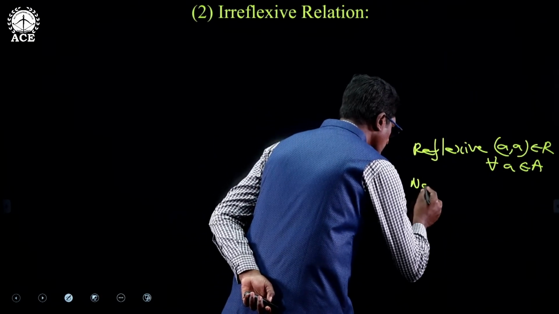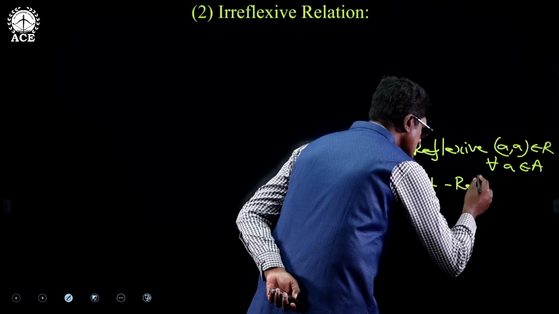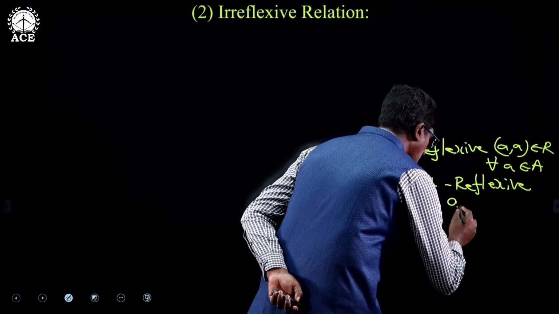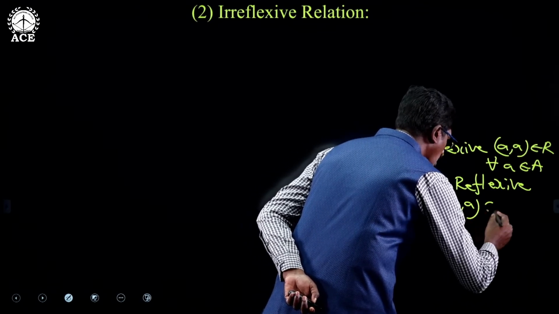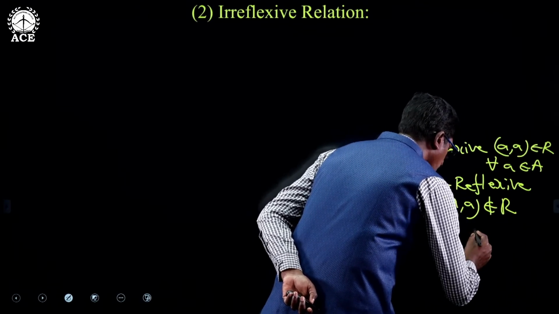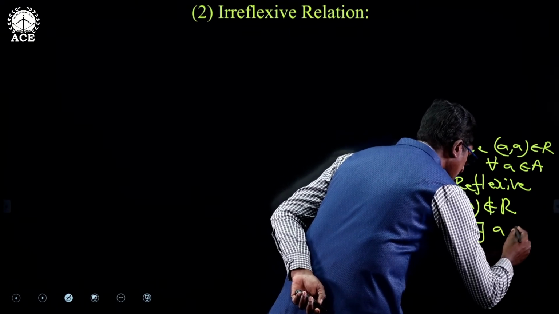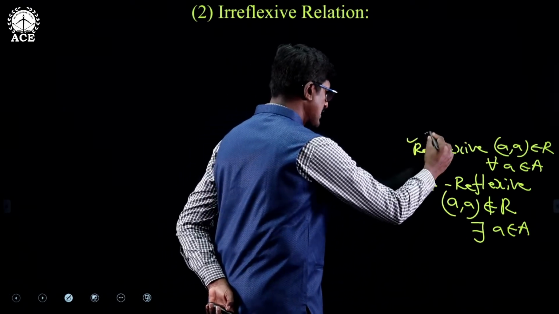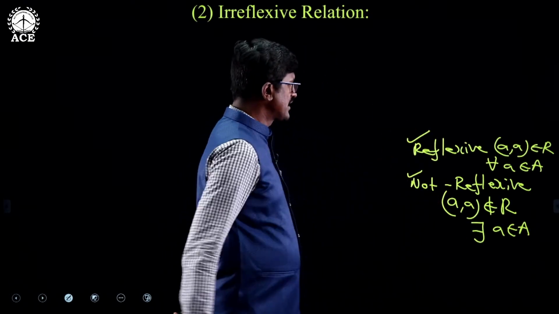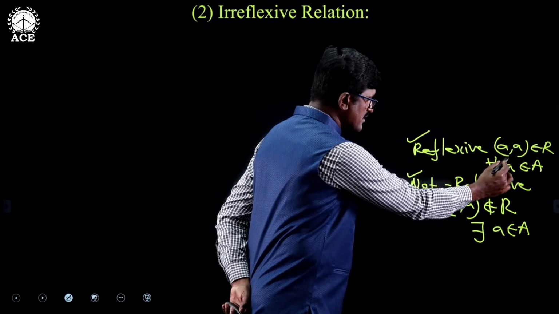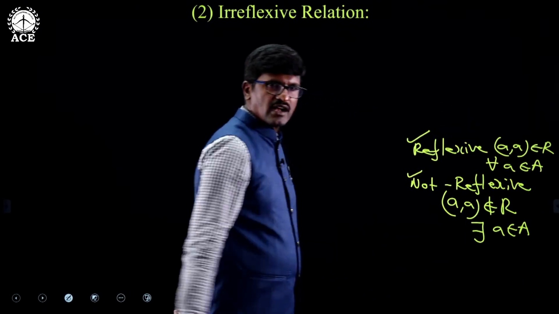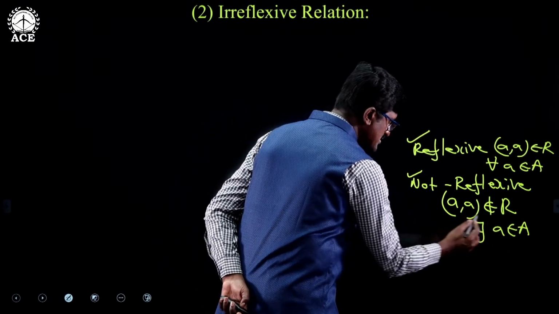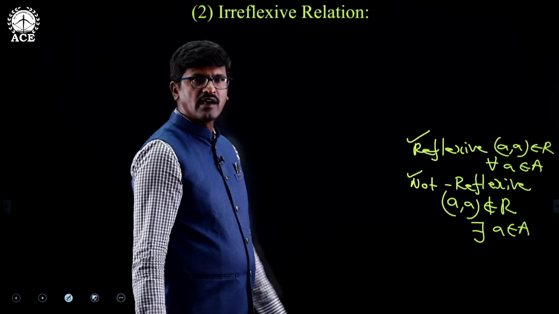Not reflexive means (a, a) does not belong to R for some a belongs to A. So this is the reflexive relation, and this is the not reflexive relation. Reflexive means for all a belongs to A, (a, a) belongs to R. Not reflexive means for some a belongs to A, (a, a) does not belong to R.